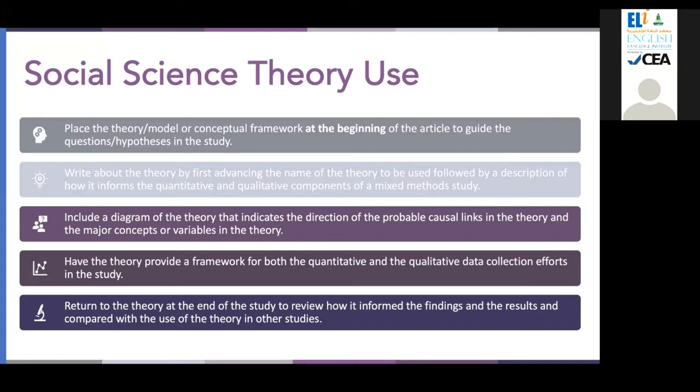And then you will return to the theory at the end of the study to review how it informed the findings and the results and compare it with the use of the theory in other studies. Okay, and this is what usually happens in the discussion section of your research. You revisit the theory and you discuss the findings in relation to the theory and in light of that choice.